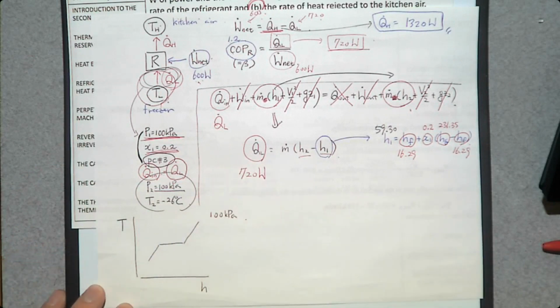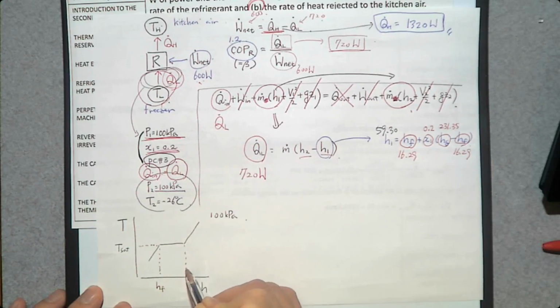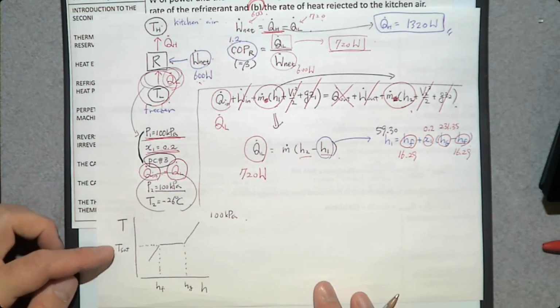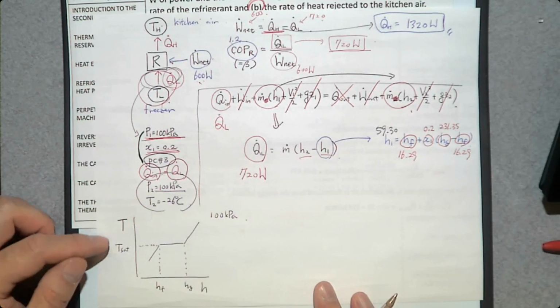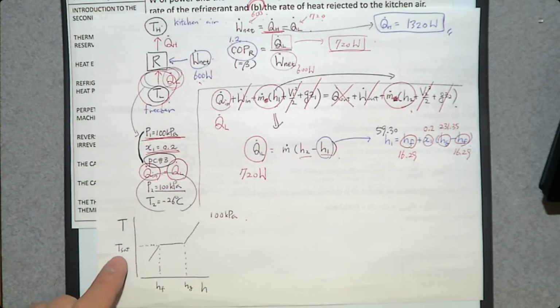To complete this T-h diagram, we need to know Tsat, hf, hg. Since we know temperature, if we determine Tsat, I think we should be able to determine the phase change process. So what is Tsat?